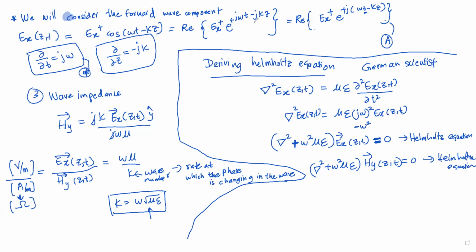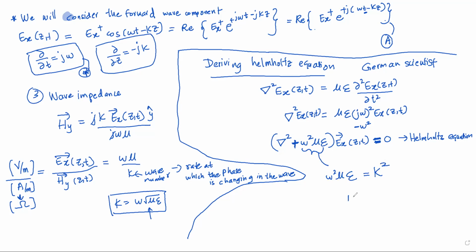So I'm going to erase the magnetic field components and its Helmholtz equation. I'm only going to consider the one related to the electric field, right? In this electric field based Helmholtz equation, we can see that this term is omega squared mu epsilon. This is the component that we define as k squared.